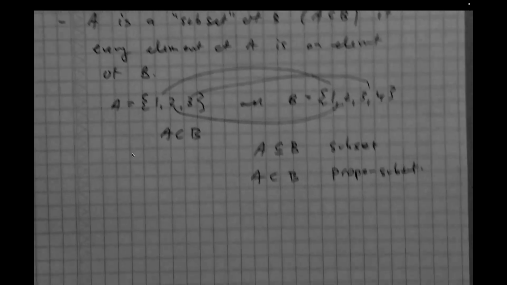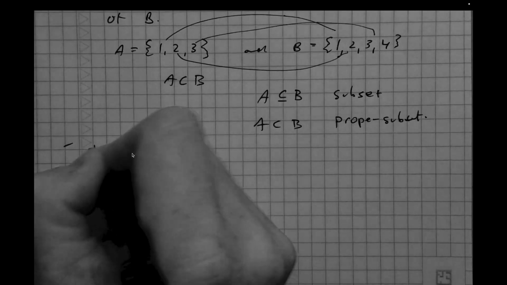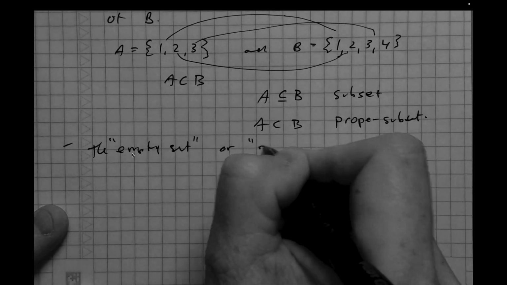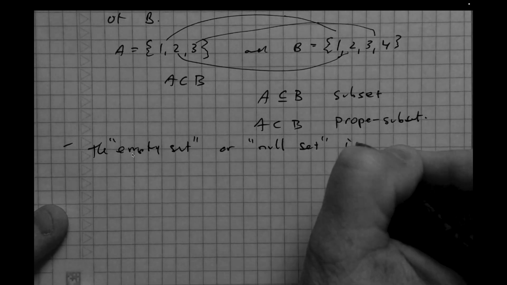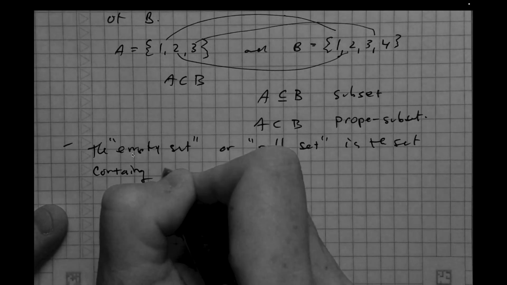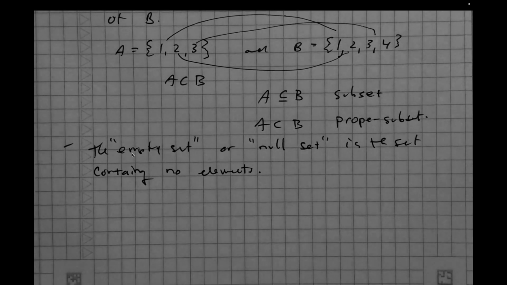Now the idea of the empty set will come up. The empty set, or null set, is the set containing no elements. Very often we'll have a problem that involves the null set or empty set as we work through probability theory.